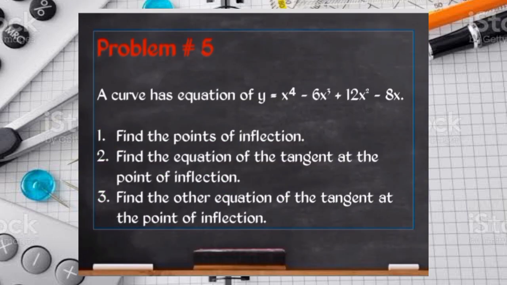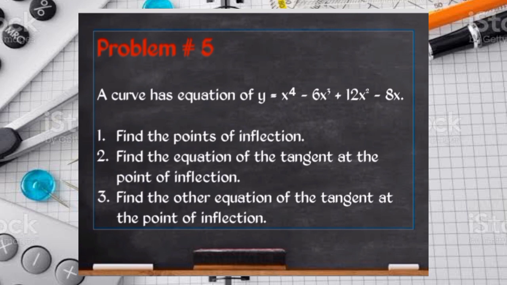Problem number 5. A curve has the equation y equals x to the power of 4 minus 6x cubed plus 12x squared minus 8x. The steps to follow: first, find the points of inflection.